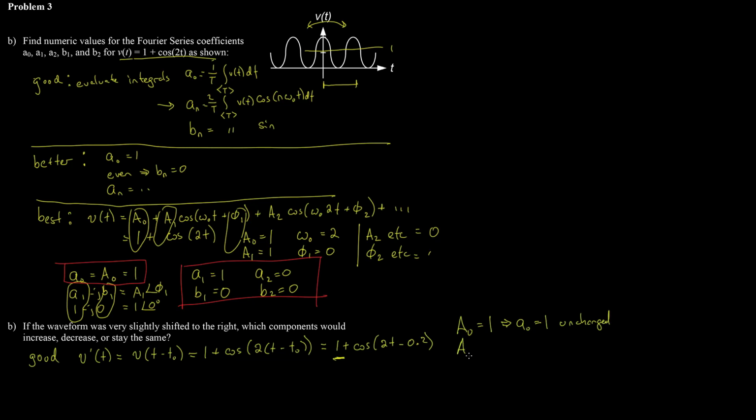Our a sub 1 at an angle of phi sub 1, we're going to have to work out the math for that. That's going to be equal to 1 at an angle of, from over here, minus 0.2. And that is, in rectangular form, 0.98 minus j 0.2.